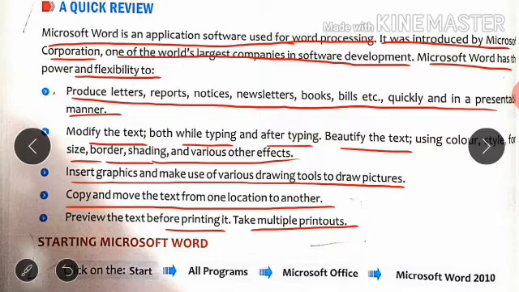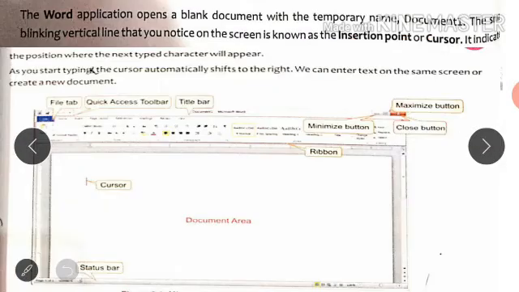Now, how can we start Microsoft Word? We can start Microsoft Word by clicking on Start, All Programs, Microsoft Office, then Microsoft Word. Next, the Word application opens a blank document with the temporary name Document 1.